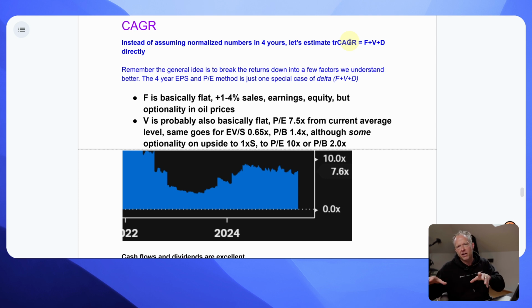The 4-year, let's call it EPS and PE method, the typical PFV method, that is just one special case of this change per year for each of these subcomponents type of approach.